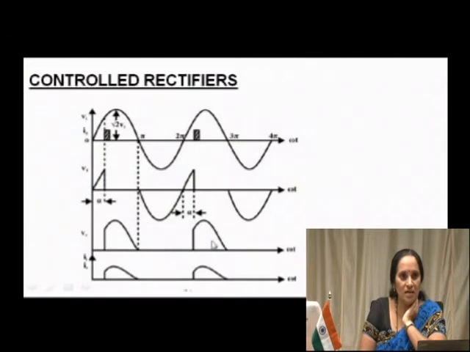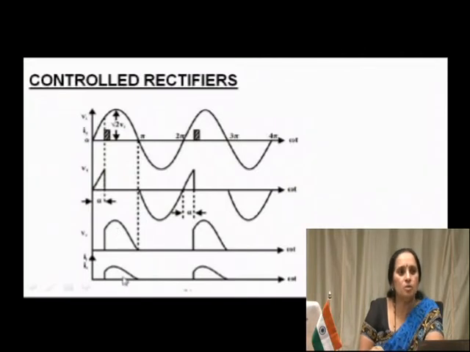Now you could clearly make out the AC input, which is having both positive as well as negative half cycles, has become a DC output, wherein I am seeing only the positive half cycle appearing, correct. So I have converted AC to DC, and I have controlled the amount of DC. That is why I am terming it a controlled rectifier.